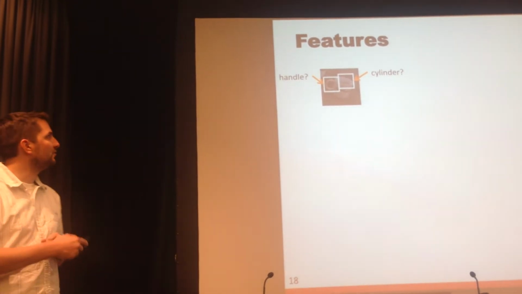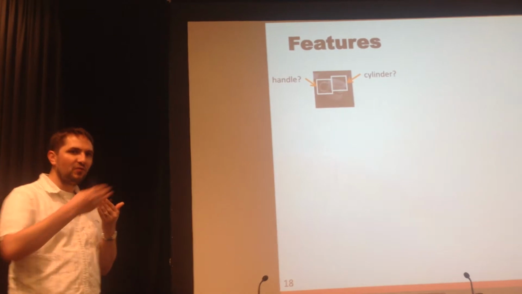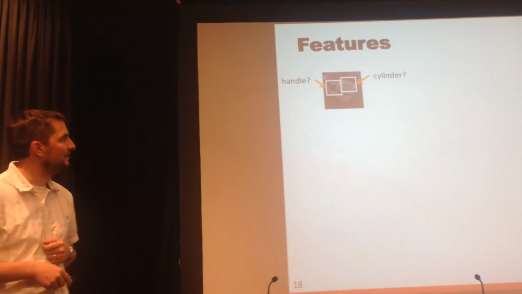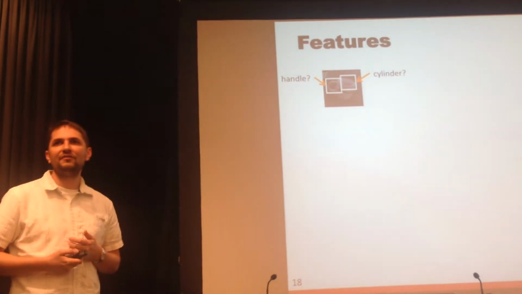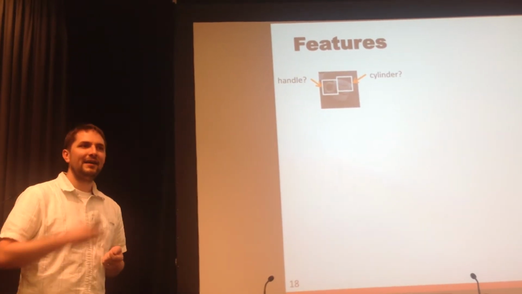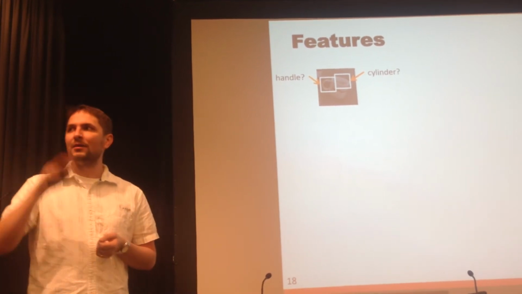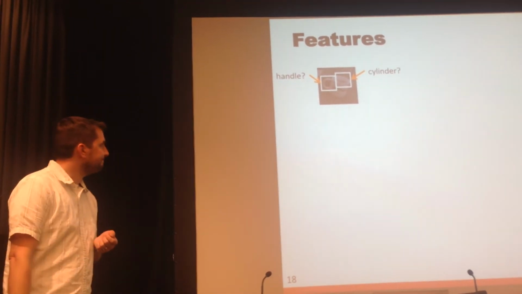The detectors will tell you, at a soft level, whether you have something that looks like a cylinder in the image, and whether you have something that looks like a handle in the image. It might be 1 if it's really confident, it might be 0 if it thinks it's not there, but it could also be some value in between.